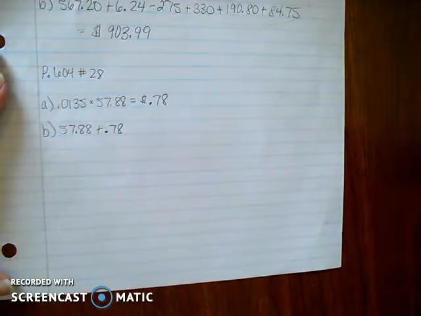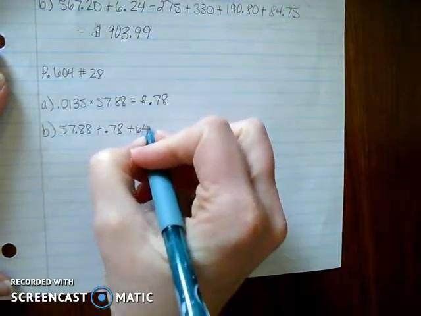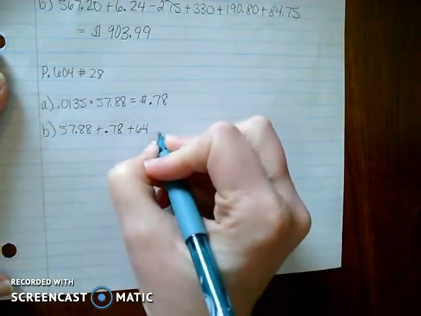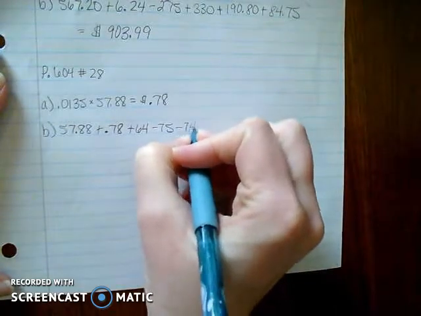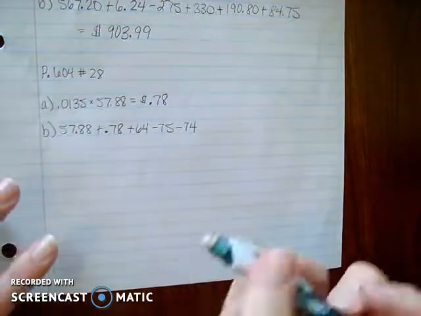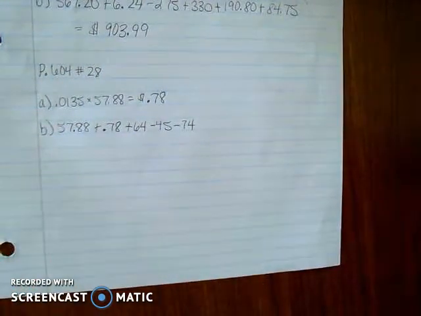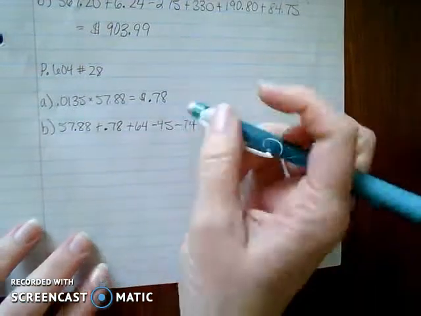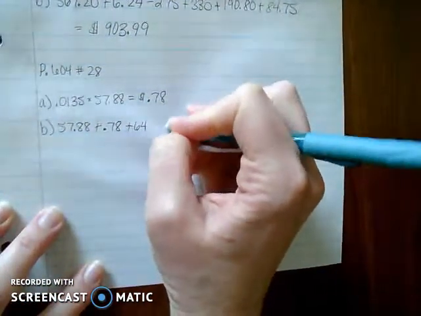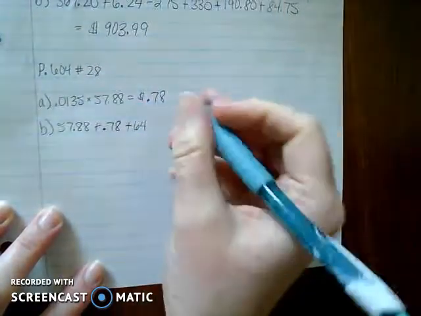And then it looks like we get to add $64, subtract $75, subtract $74, or sorry, $45. That would be way too much. Make sure I'm getting this all right. Oh, whoa, whoa, whoa. Sorry, that's where this, okay. Can't read my own writing.